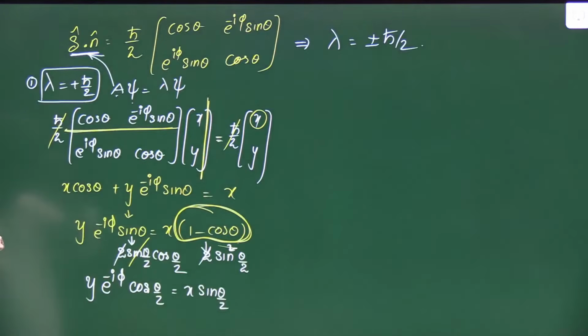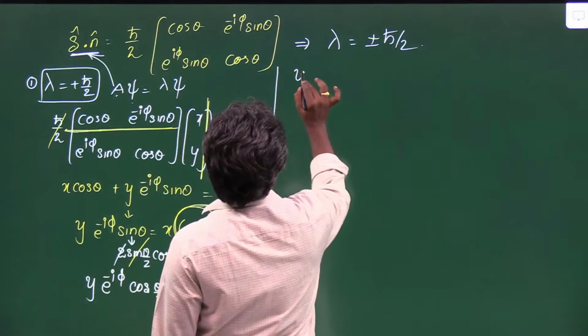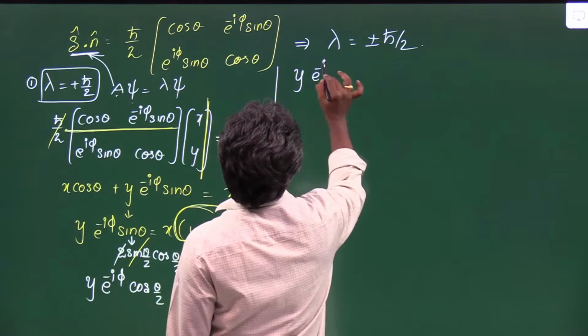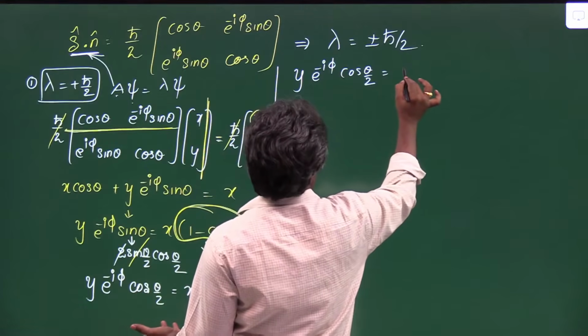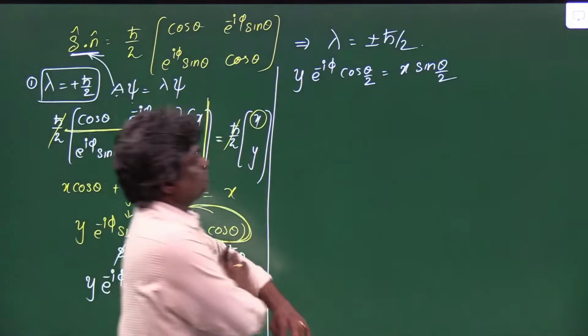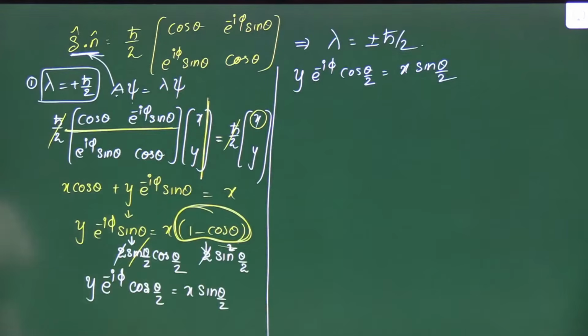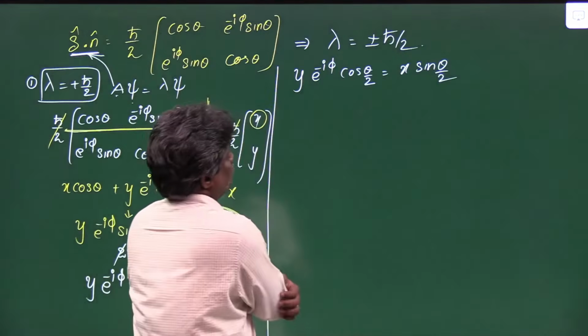So finally we got y into e raised to minus i phi cos theta by 2 is x into sin theta by 2. Ready?